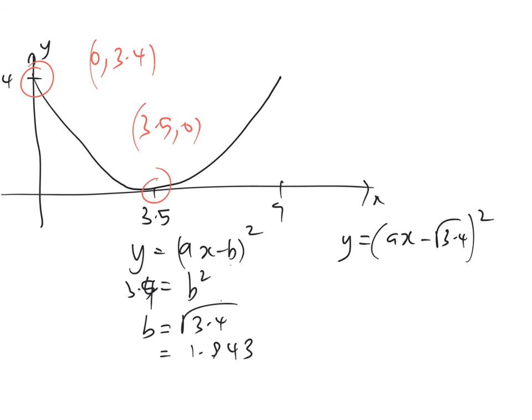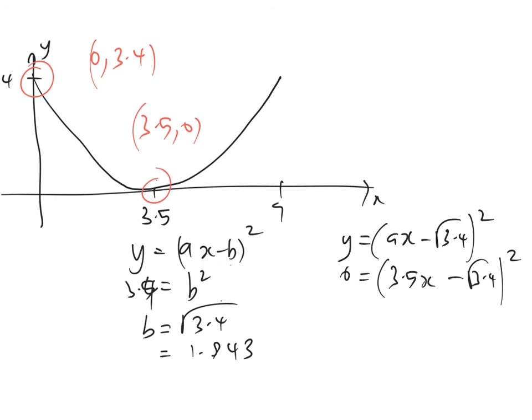And carrying on, I've written out the new equation, replacing b with the square root of 3.4, and now use the other coordinate where y is equal to 0 and x is equal to 3.5, so we end up with 0 equals (3.5a minus the square root of 3.4) all squared.